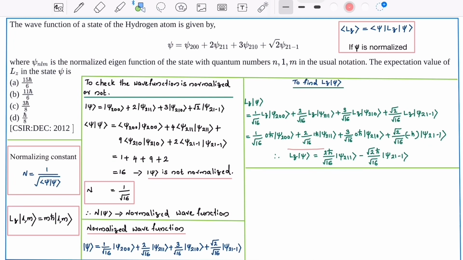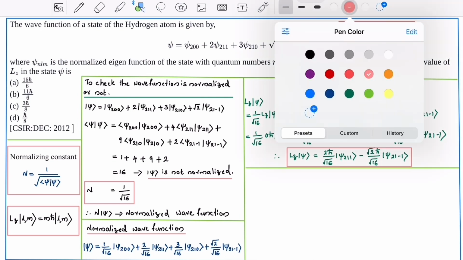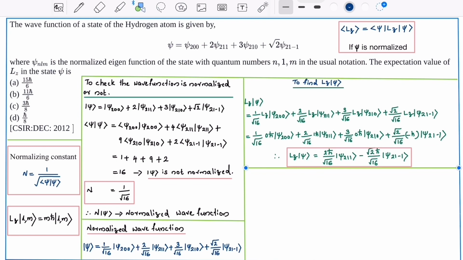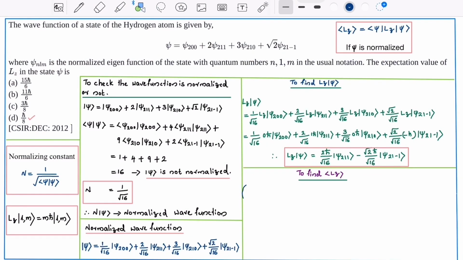This is Lz psi. Now we have to find out the expectation value of Lz in the state psi. For that purpose, we have to take the inner product of the normalized wave function with Lz psi, that is psi with Lz psi. This is equal to 1 by root 16 psi 200 plus 2 by root 16 psi 211 plus 3 by root 16 psi 210 plus root 2 by root 16 psi 21 minus 1.